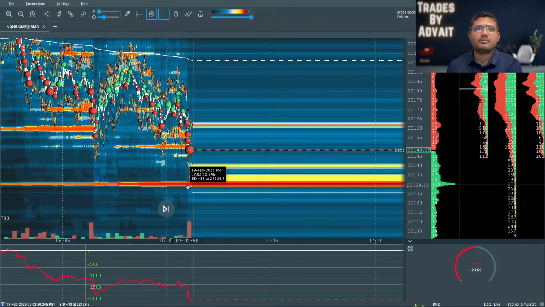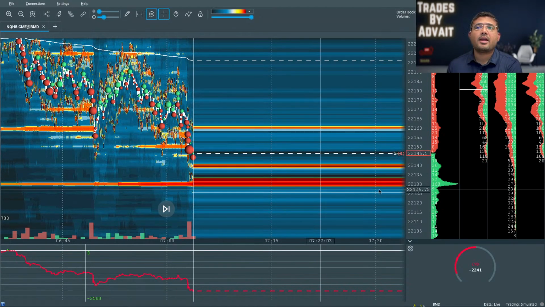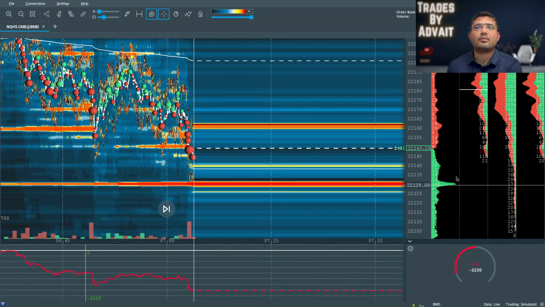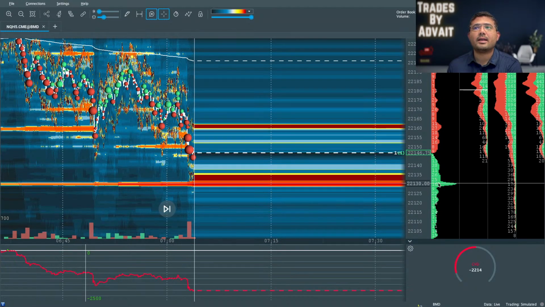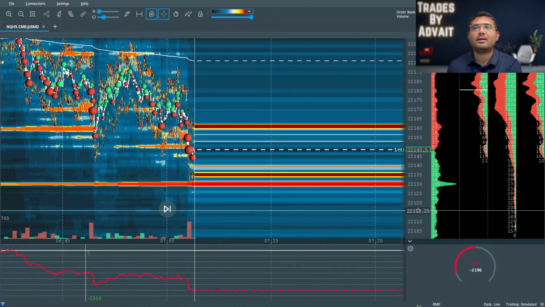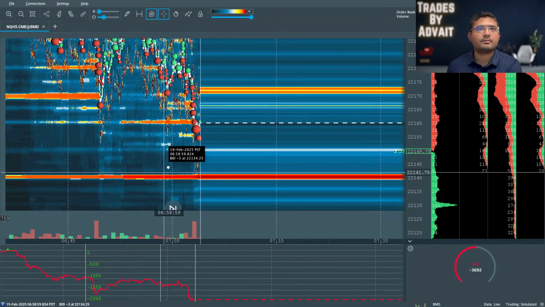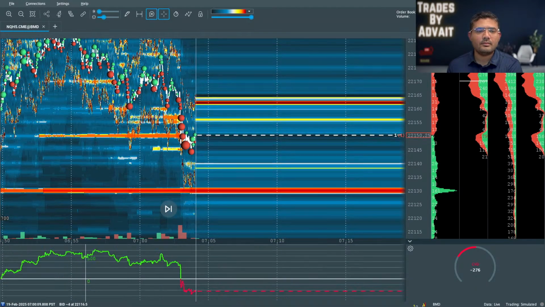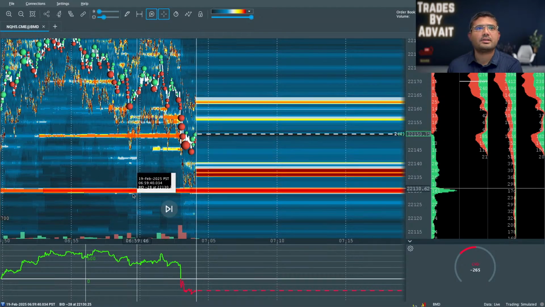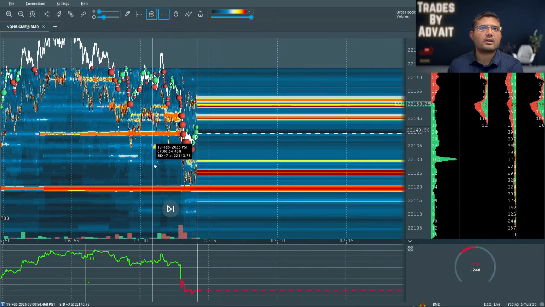So far the benefit of the doubt should go to the bears, and we have a huge support coming up over here at 22,128. So be mindful of that. And if the price approaches that level, then I would look for another quick scalp.